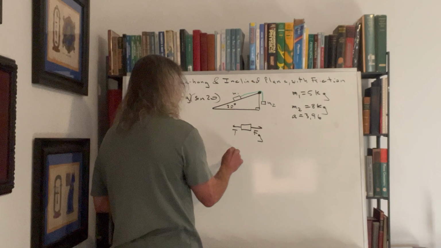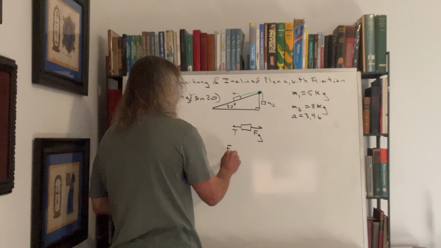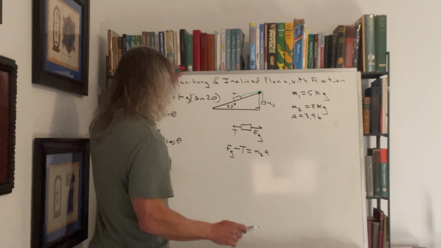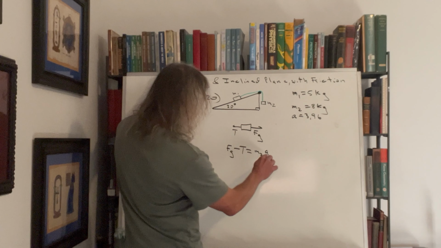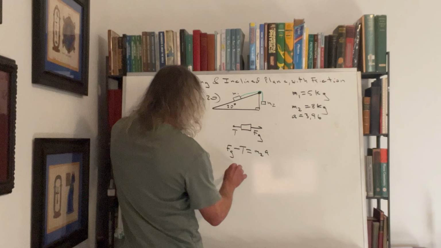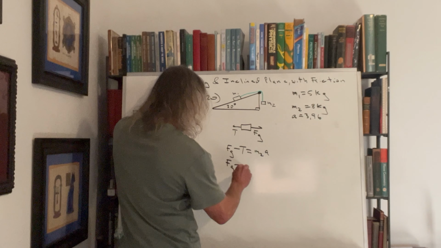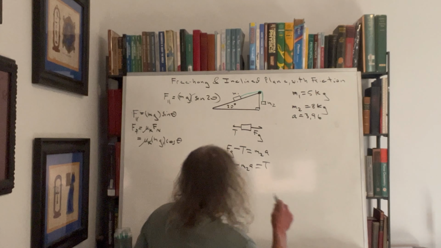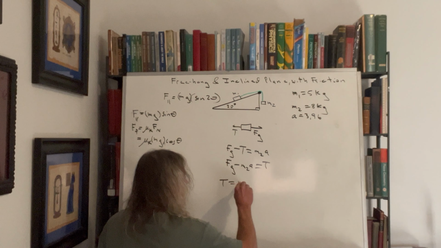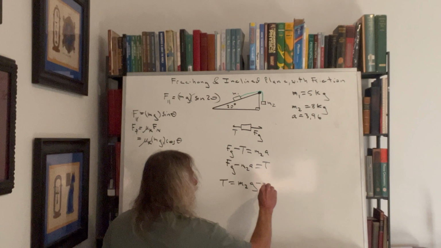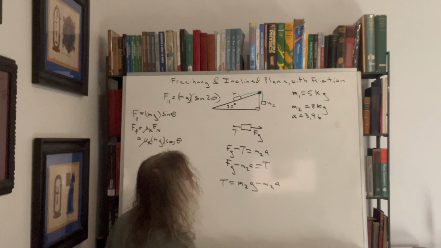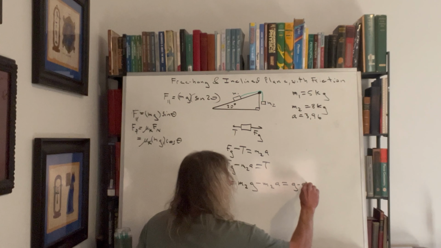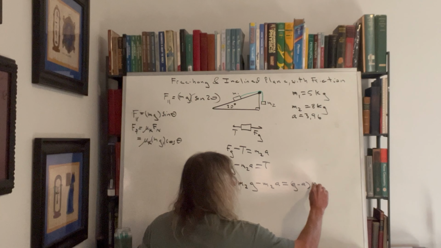So the right minus the left is MA. And so move tension over, add it to both sides, subtract this. So that's what the tension would be. So then tension is M2 G minus M2 A, which is G minus A, times M2.